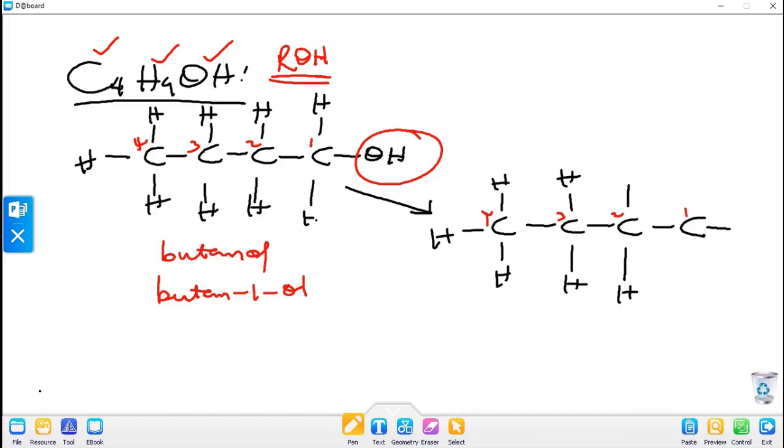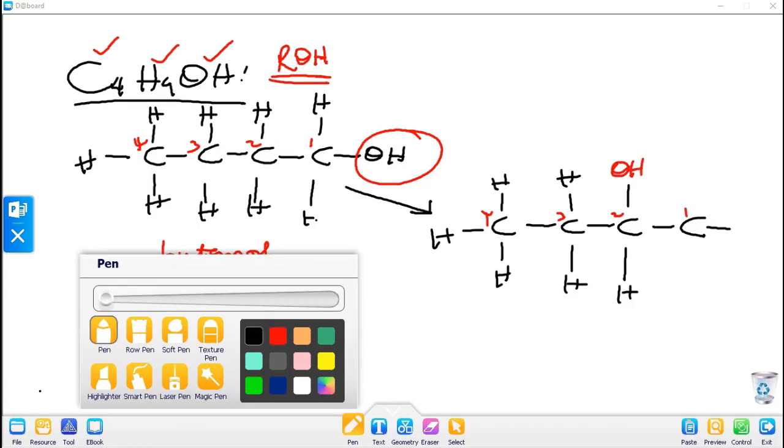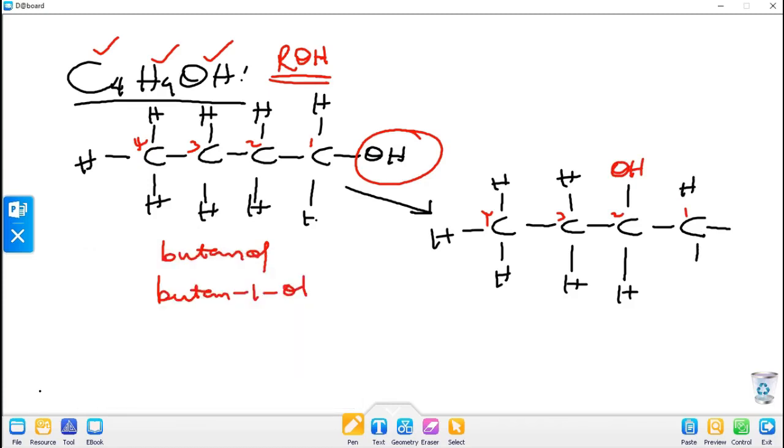So instead of placing the OH at the first carbon from the right-hand side, let's place our OH here, and then we can complete the hydrogens for the last carbon atom at the right. So we have swapped the OH that was at carbon 2 with the OH that was initially at carbon 1 in the case of butan-1-ol.